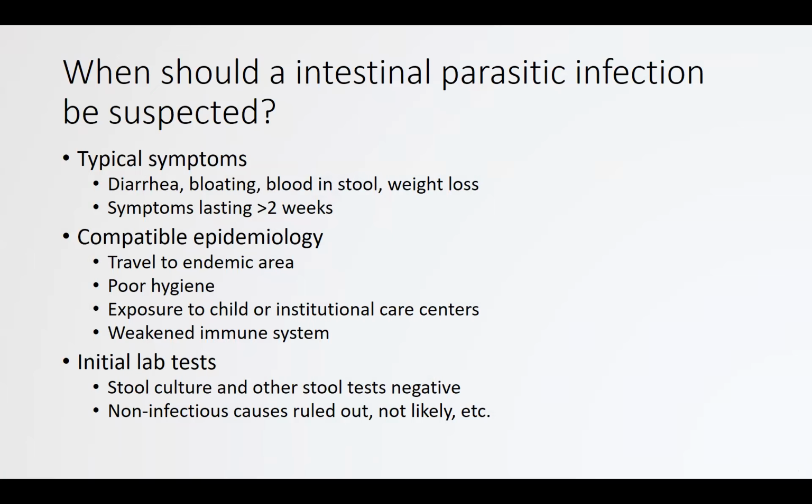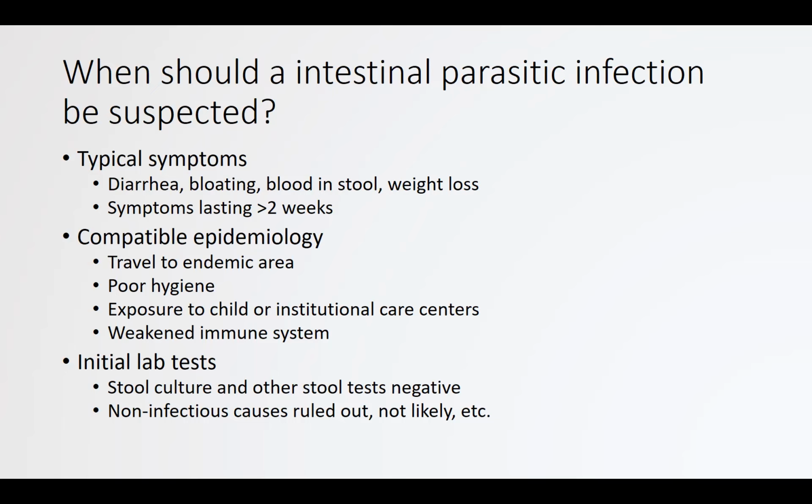What that really tells you is that a Salmonella or a Shigella or a Campylobacter, they're not going to last that long. If you've still got symptoms after 2 weeks, then we can forget about those and start looking more at parasitic infections. Compatible epidemiology: travel to endemic area, poor hygiene, child care settings or other institutional care settings, a weakened immune system.